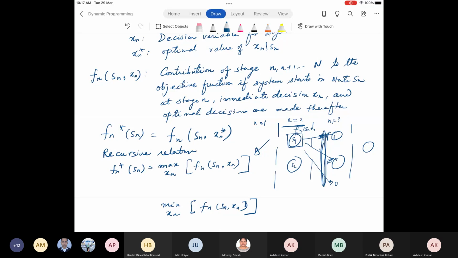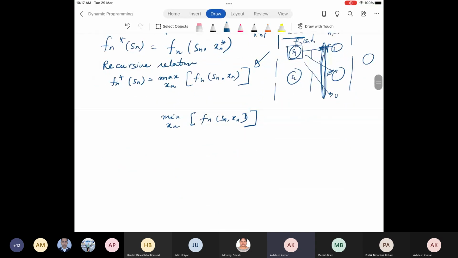So if I pictorially represent what happens from one state to another state, suppose this is my stage n, and this is my stage n plus 1. So what is changing? Suppose I am in state Sn, I will go to state Sn plus 1. The immediate decision that takes me from Sn to Sn plus 1 is Xn.